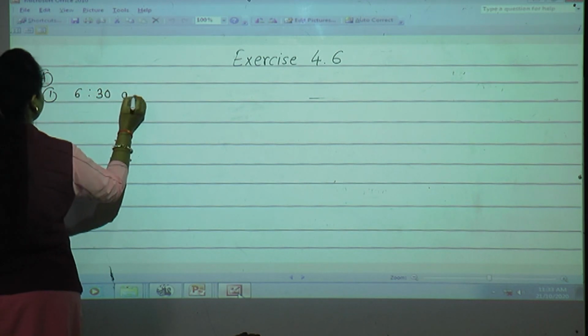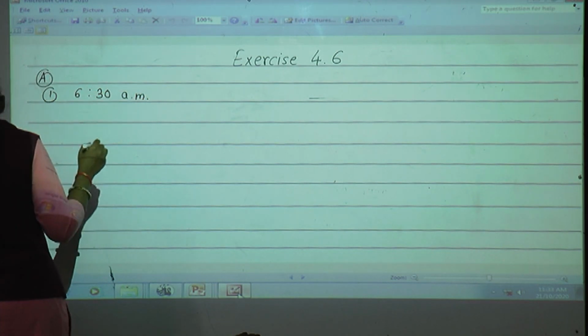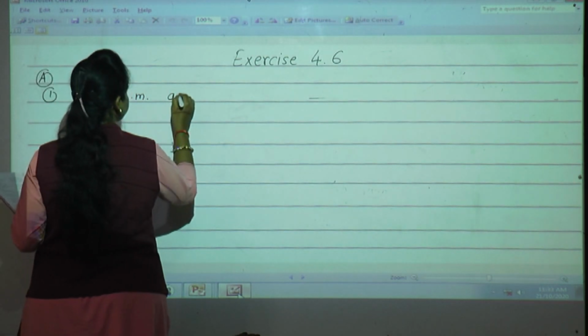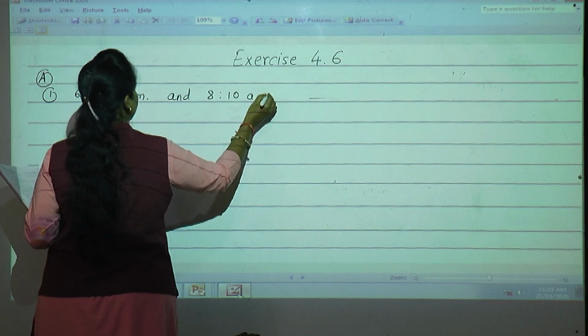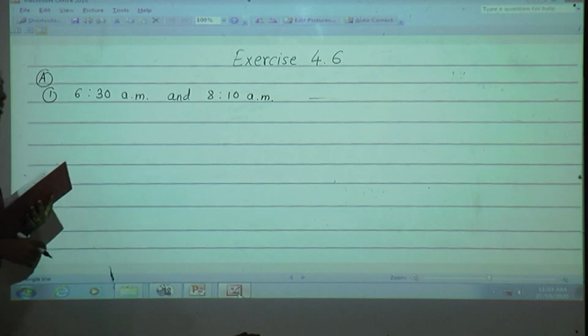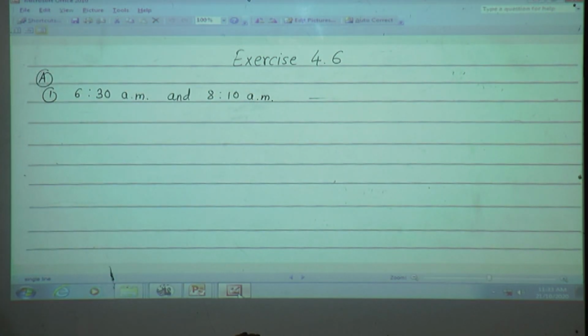6:30 a.m. and 8:10 a.m. See, for the time interval, we have just studied what to do when both the times are given in AM and AM. You can find out by subtracting, isn't it?